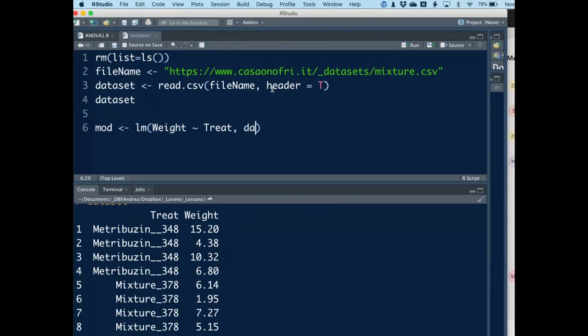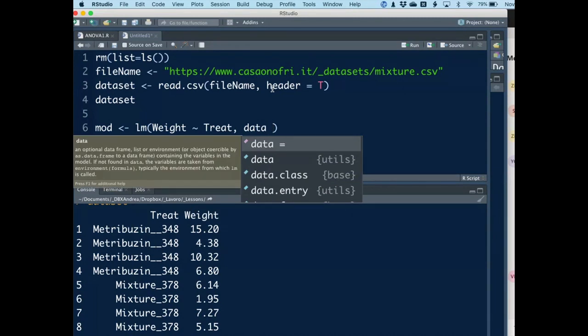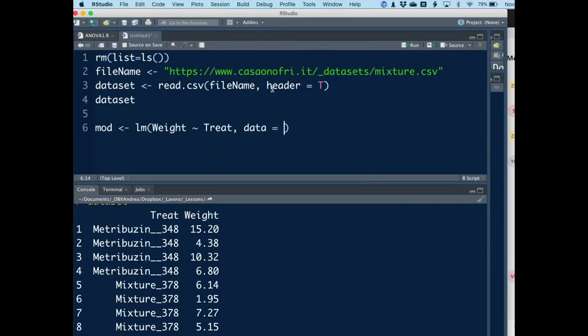And we need to specify where the data, the vectors are located. Yesterday we made 2 exercises where this was not needed because we had 3 vectors in the workspace, but not now. Now we have a data frame with vectors inside, and R cannot see the vectors inside a data frame. So we need to specify where the vectors are.